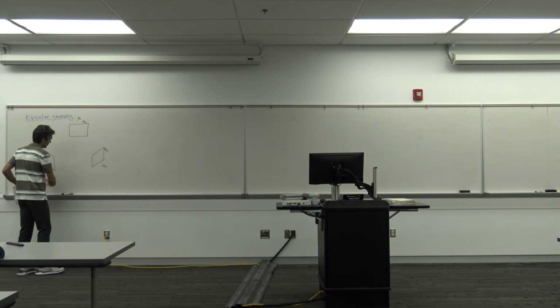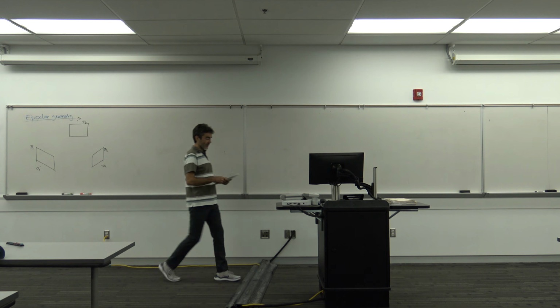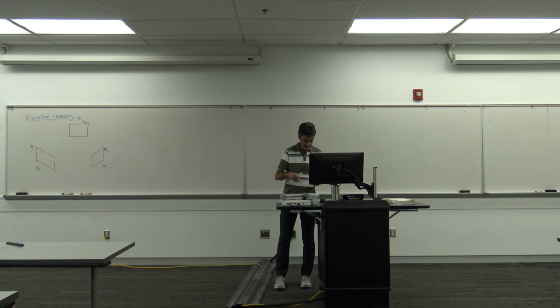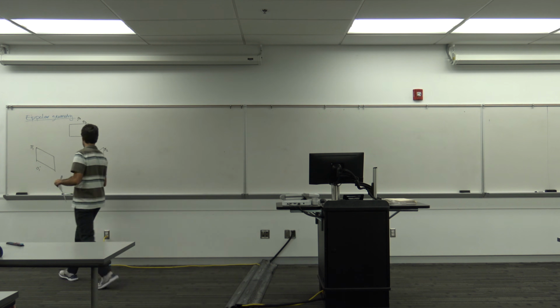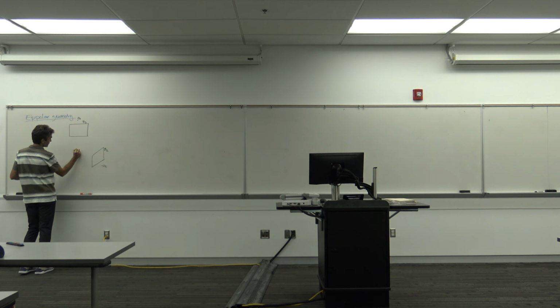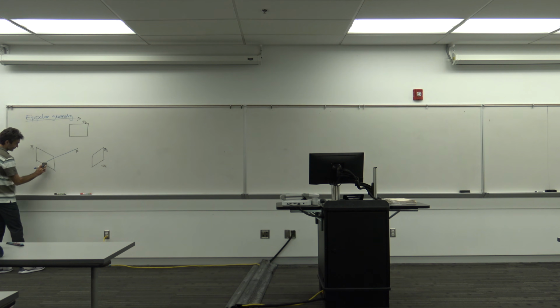So now I have a 3-dimensional point, capital P, say right here. I'm going to project this onto the image, the first image first, so something like this.